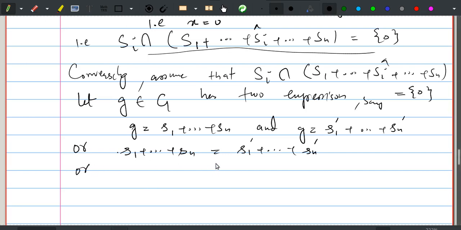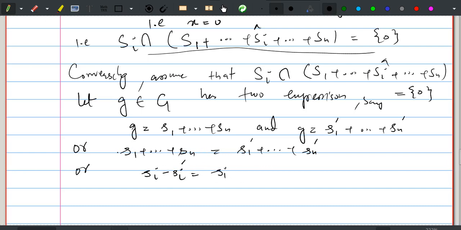Now in this sum over here there is somewhere Si, so let us keep Si over here and take Si prime over here to this side. Now the remaining Si's, we will shift them to the right hand side.